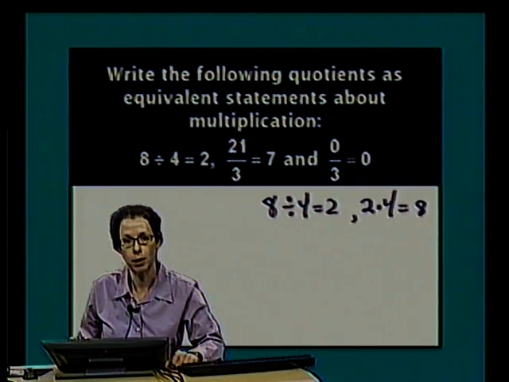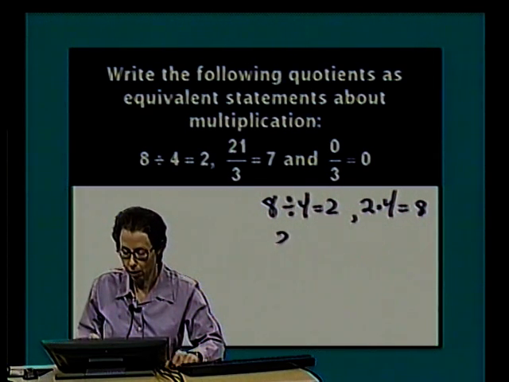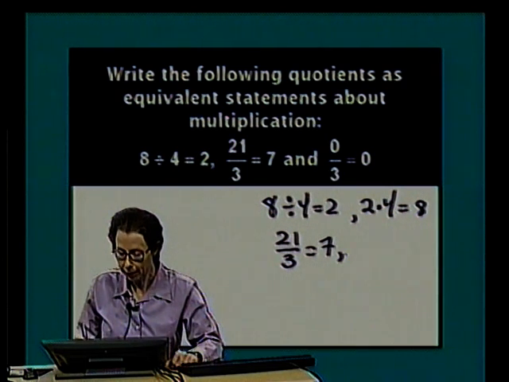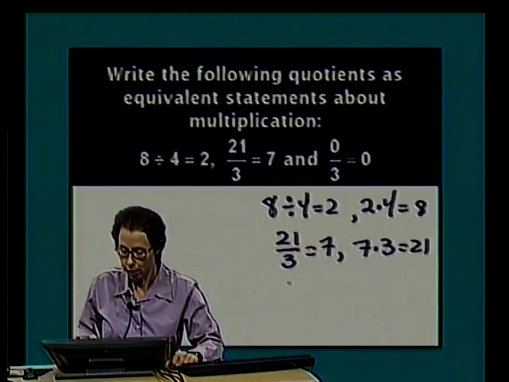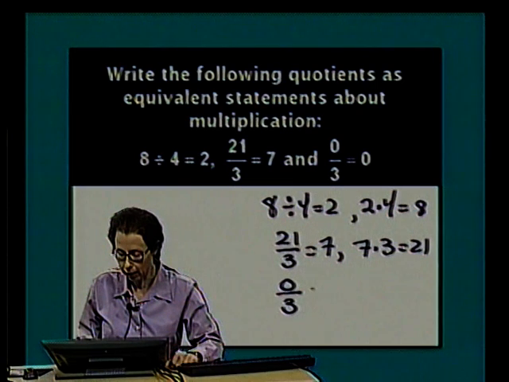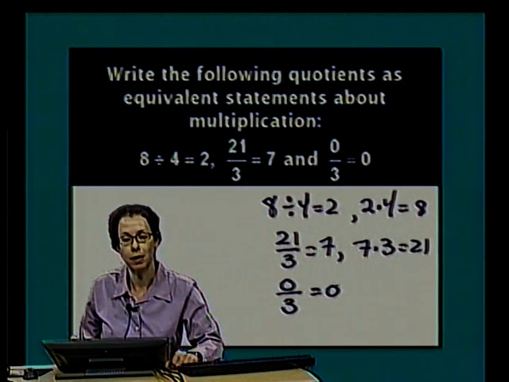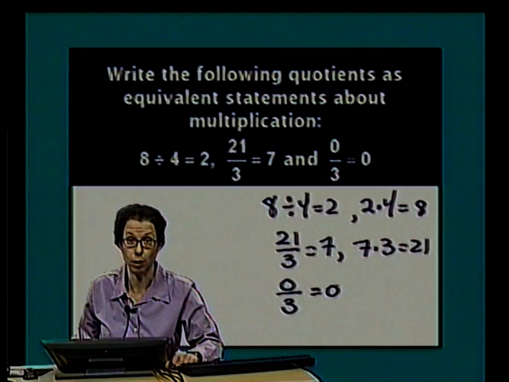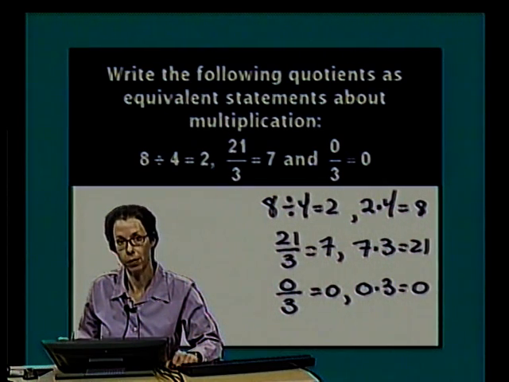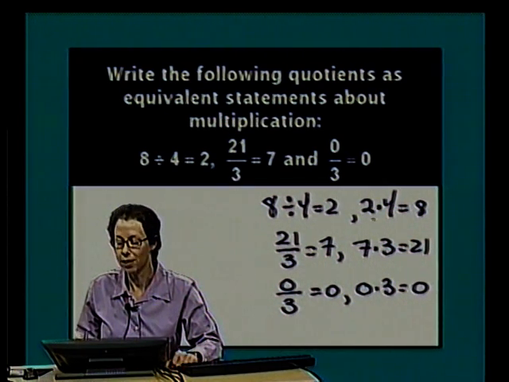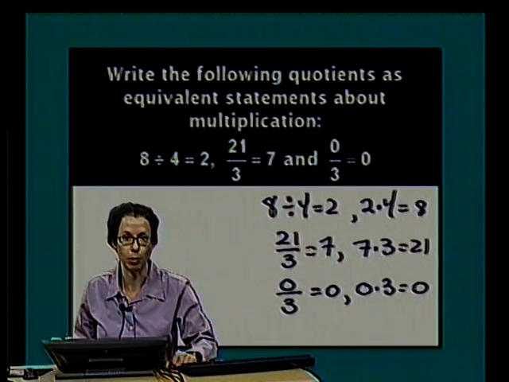That's an equivalent statement. 21 over 3 equals 7 because 7 times 3 equals 21. So let's look at 0 over 3 equals 0. We said that 0 divided by any non-zero real number results in 0. This would be because 0 times 3 equals 0. So every division problem sort of has this equivalent multiplication problem lurking behind it.